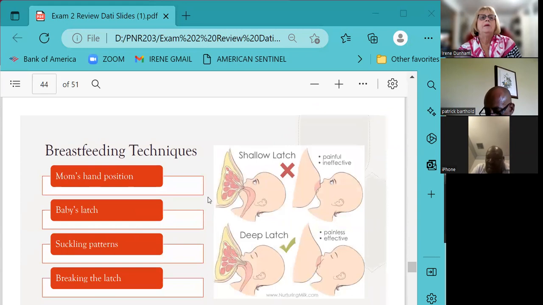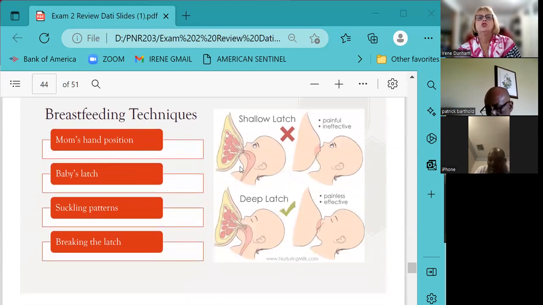The main thing about breastfeeding is that you want to make sure that the baby has what we call a deep latch. That means the baby, if you see him here, he's got the whole areola in his mouth. Okay. You want that to happen. This is good. See the check mark? It says that's good.